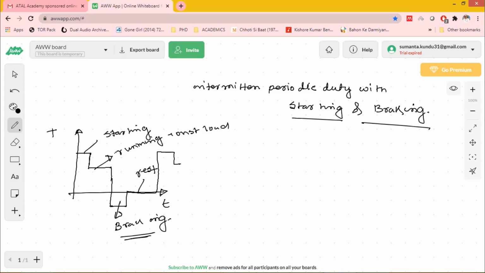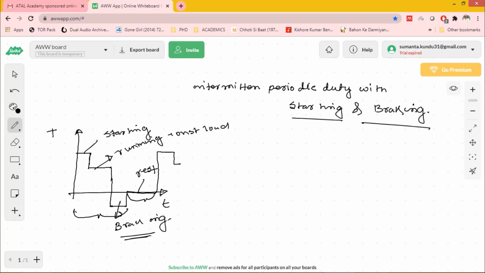Here also, this is the operating period and this is my rest period. Both are again too short for the respective steady state temperature to be attained.